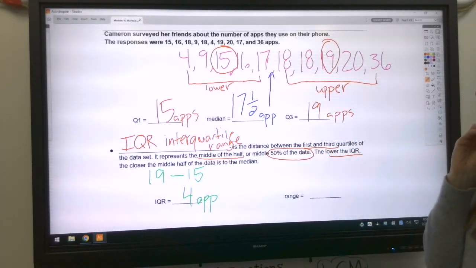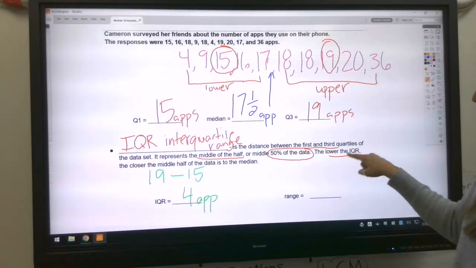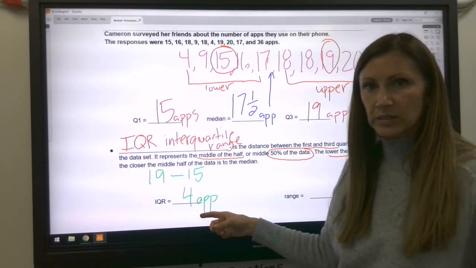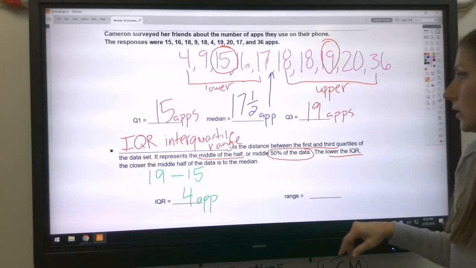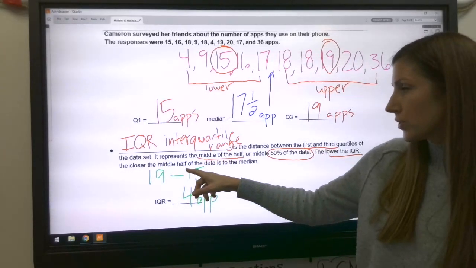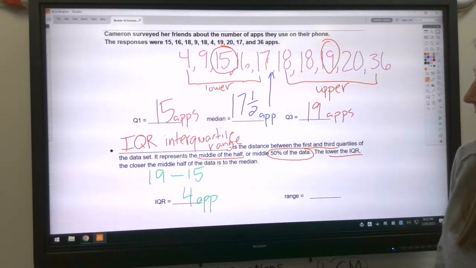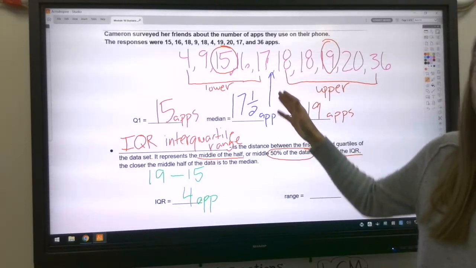If the interquartile range is low, and that's pretty low, a really small number, especially comparatively here, that means the middle half of the data is closer to the median.